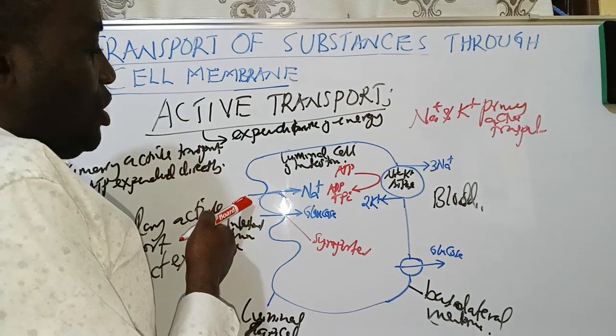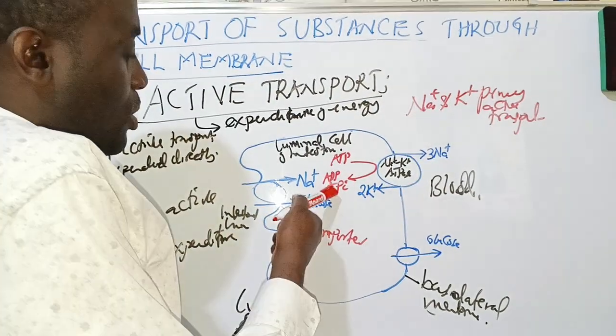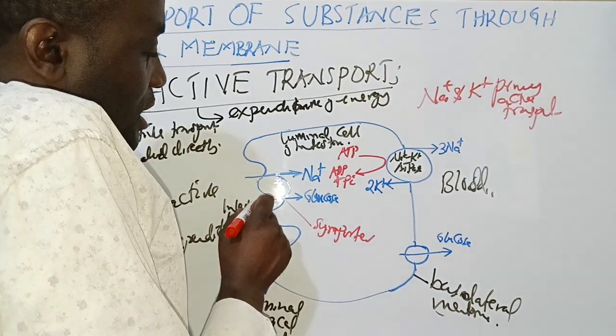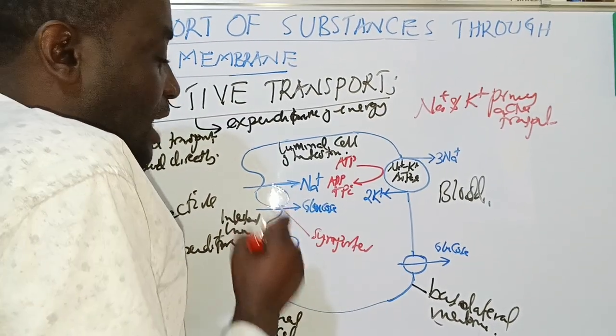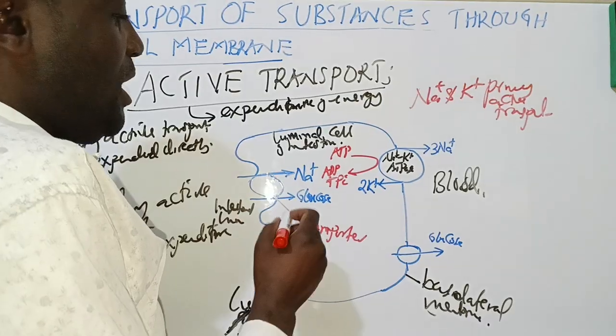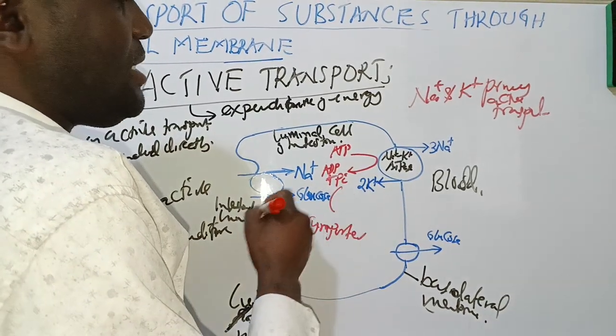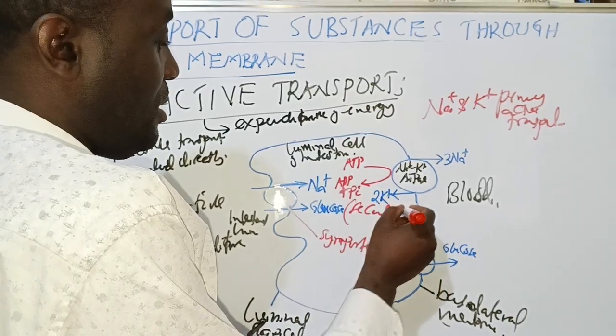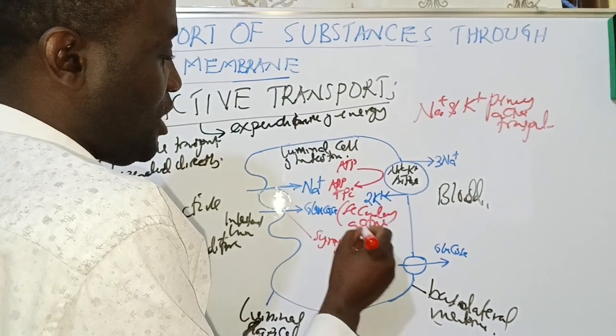This sodium enters by diffusion, but the energy due to its diffusion is utilized by glucose also to enter using that same symporter. So glucose is transported to the inside of the cell by secondary active transport.